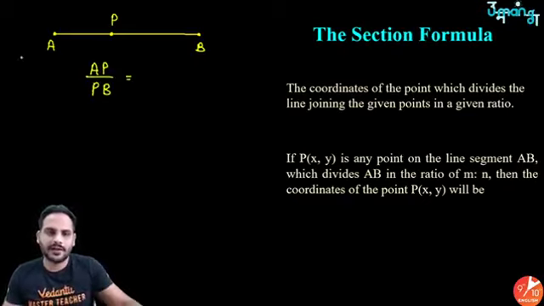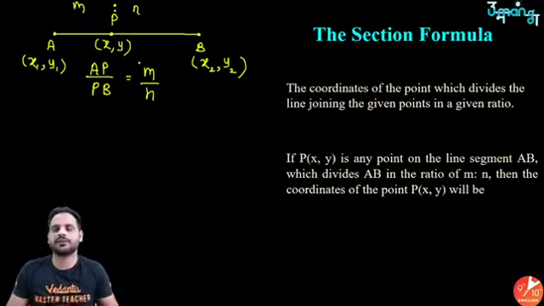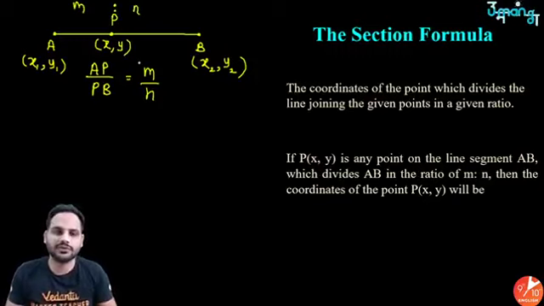So if A is x1 comma y1, B is x2 comma y2, and AP is to PB is M is to N, how do we find the coordinates of P? For that we use the section formula.